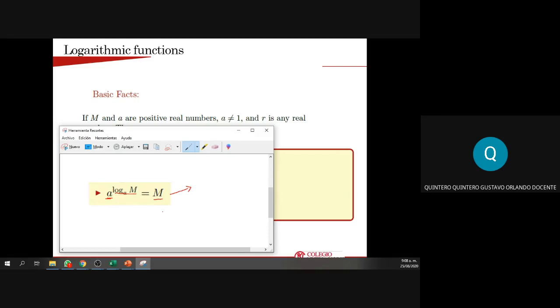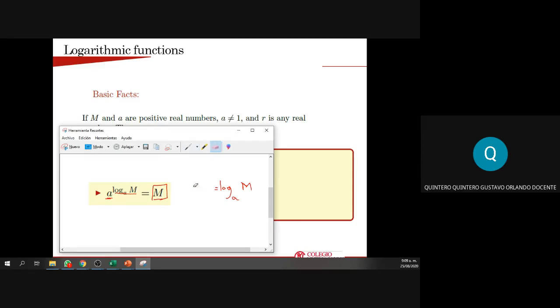So let's change this exponent into a logarithm. Logarithm to the base a, the answer is m, because this is what we have here. This is the answer, and the exponent is the answer of the logarithm.